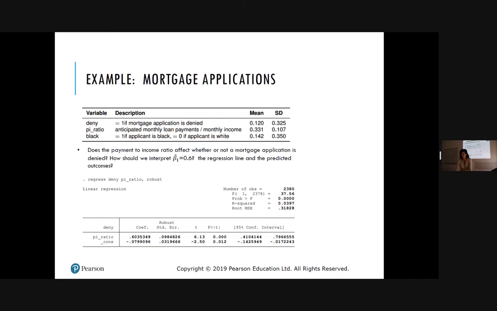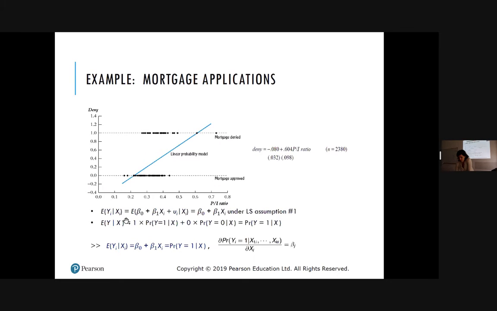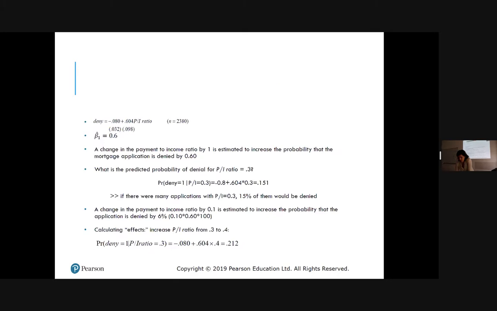So this is how we interpret these coefficient estimates. But whether we increase x from 0.3 to 0.4 or from 0.1 to 0.2, the effect on y will be the same. Since this is a linear model, it will be 0.6.